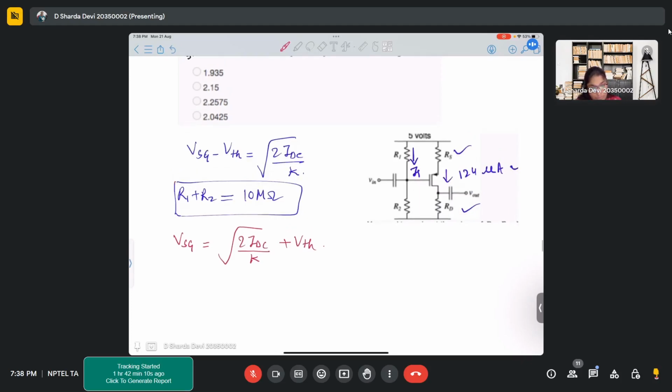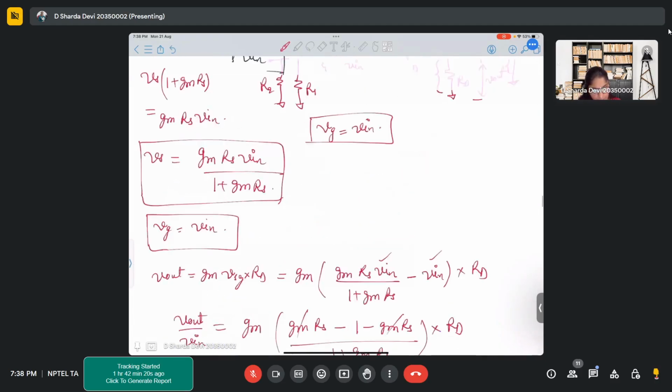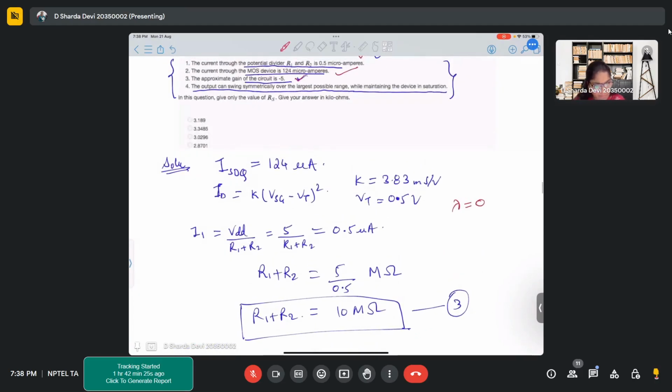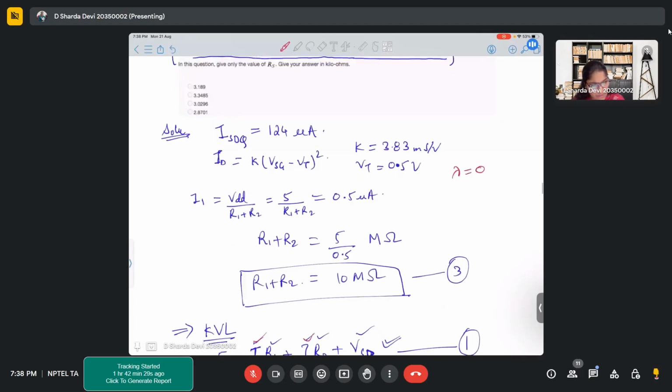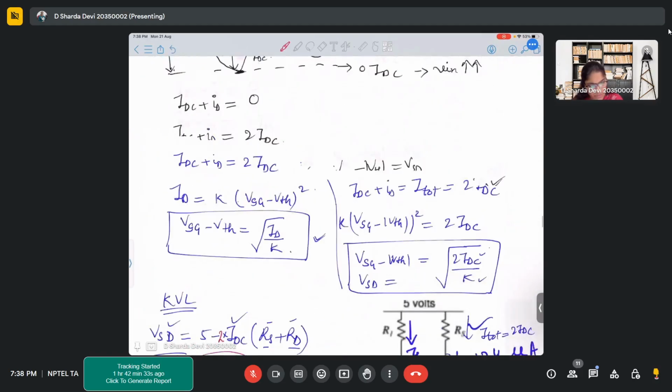What is the value of VSG that we are getting from here? Root under 2 IDC by K plus VTH. VTH was, I guess, 1 volt. No, 0.5 volt. 0.5 volt.